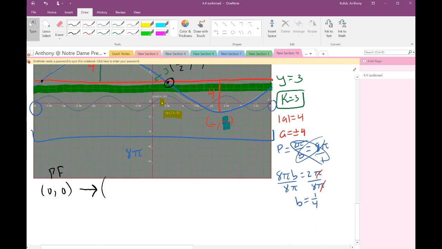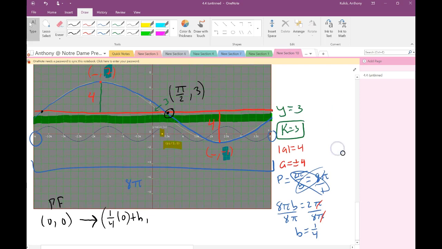So I do a times sine of b times x plus h, and then let's decide now a. So notice here in my parent function at 0, 0, I start at a crest, and in my transformation I start at a trough.